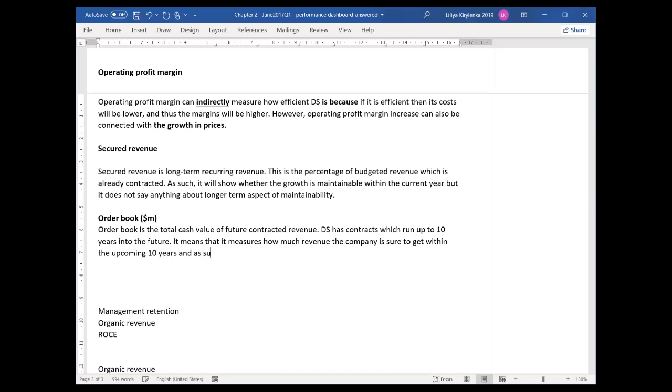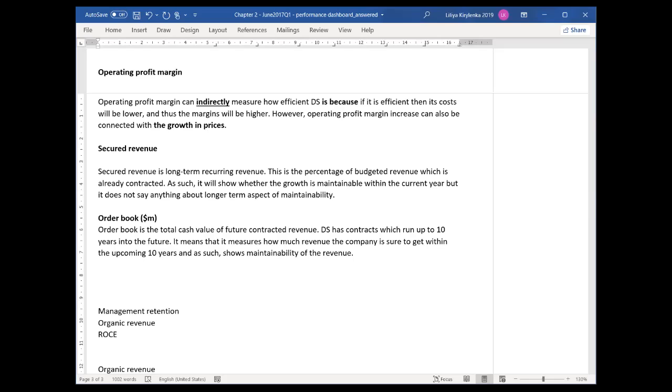And as such, shows maintainability of the revenue. Okay, so it seems that order book more or less measures that thing. All right, so what do we have next?